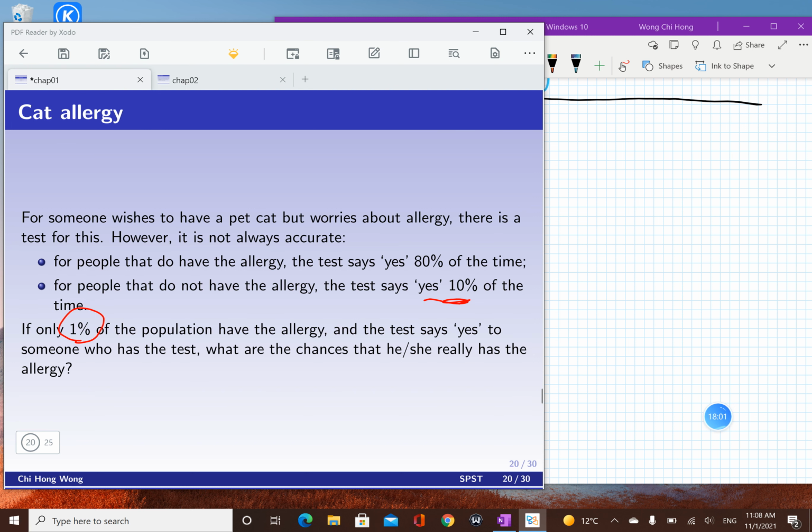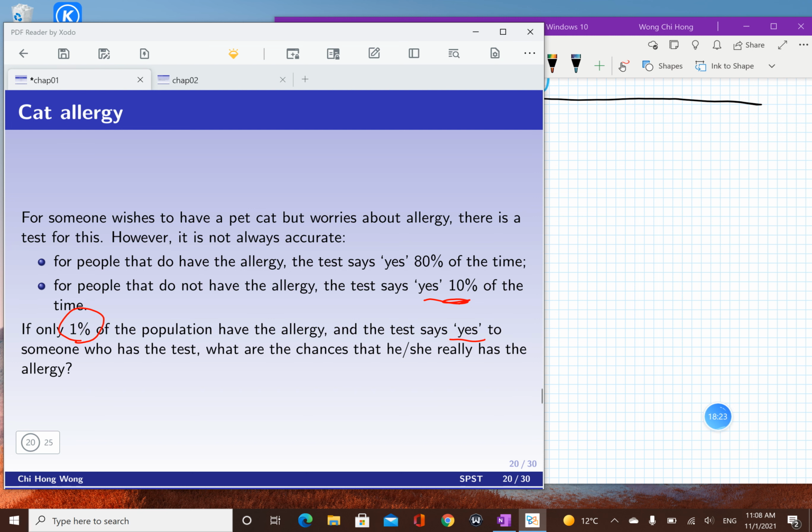And the test gives a positive result. The test says yes to someone who has taken the test. If someone walked into a hospital or a clinic and had one of these tests done, and it says positive, what's the chance that he or she actually has the allergy?